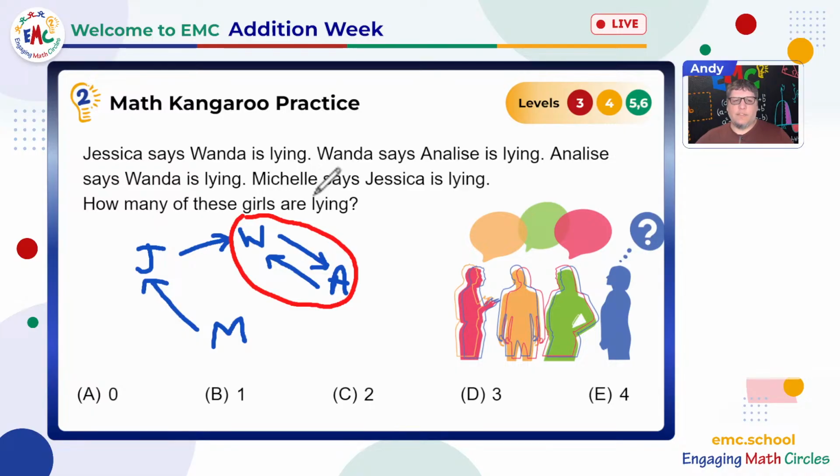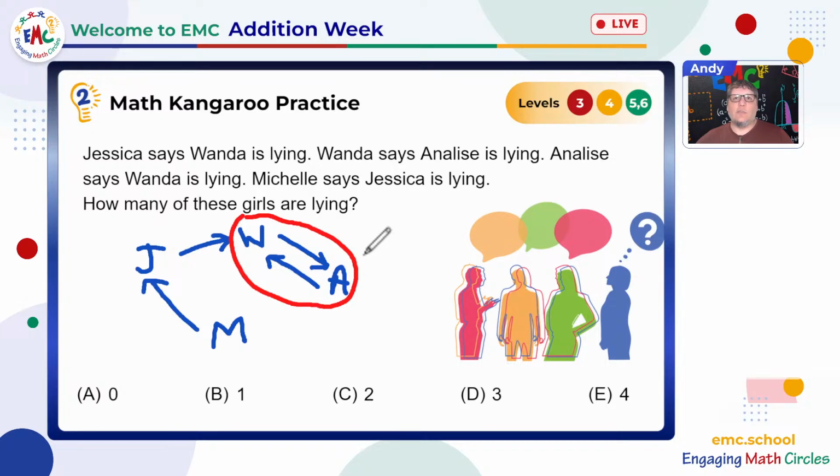So one of them is telling the truth, saying that the other is lying, and the other one is saying a lie by saying the other person is lying. So if I look at this problem, I have two people with opposite opinions, which means only one can be telling the truth and one is lying.